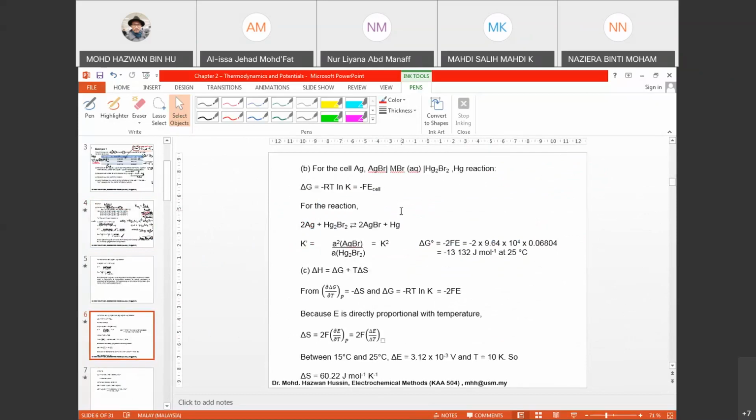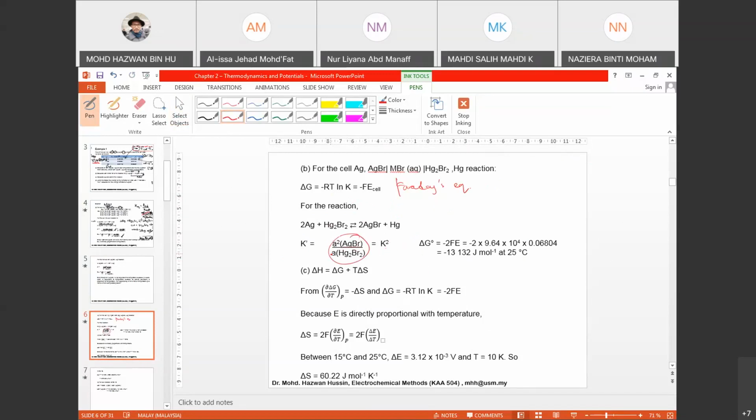Remember, this is actually the formula. We can use Faraday's equation. Faraday's equation relates that delta G is equal to negative RT ln K. So earlier we have derived this.